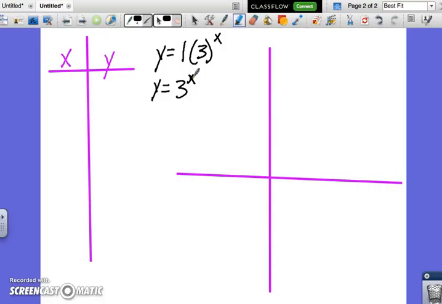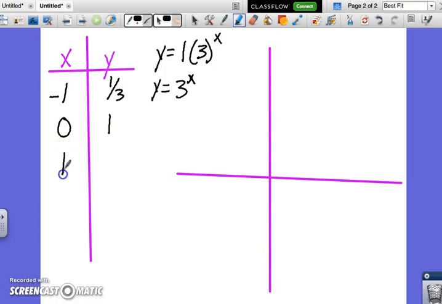If we plugged in x equals -1, that'd be y equals 3 to the -1 power. Remember our rules of exponents: anything raised to a negative power is the same thing as 1 over it, so y would be 1/3. What if x is 0? 3 raised to the 0 power is simply 1.